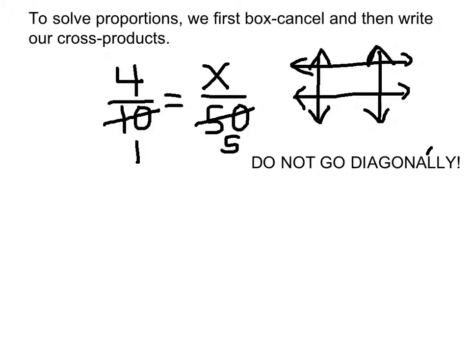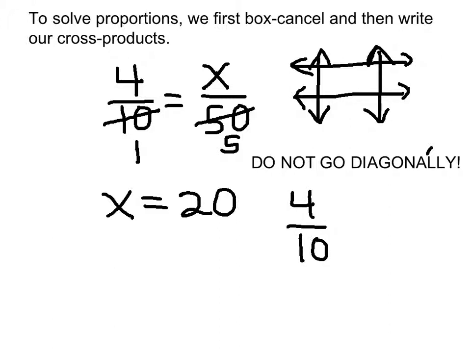So now we are going to write our cross products. Starting here, we're going to go 1 times x is x, and 5 times 4 is 20. So that's our solution. 4 over 10 equals 20 over 50.